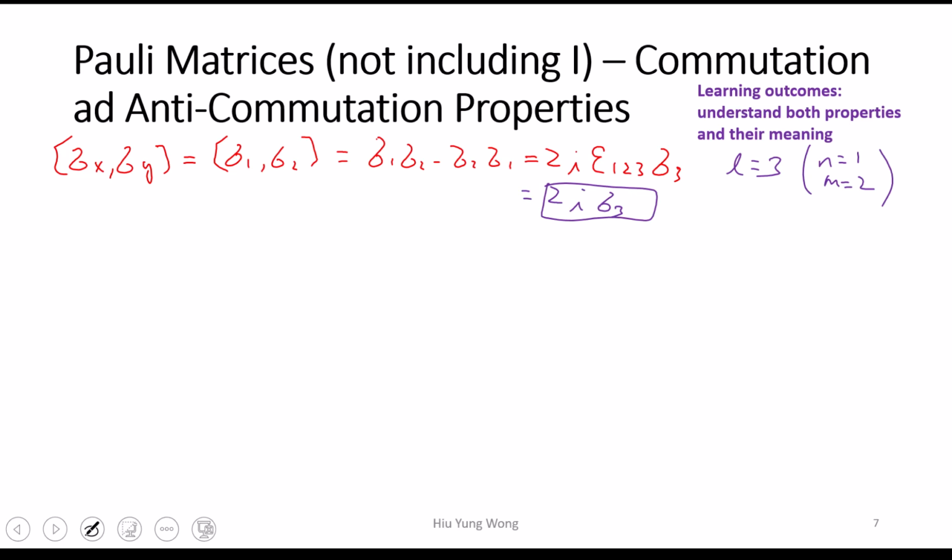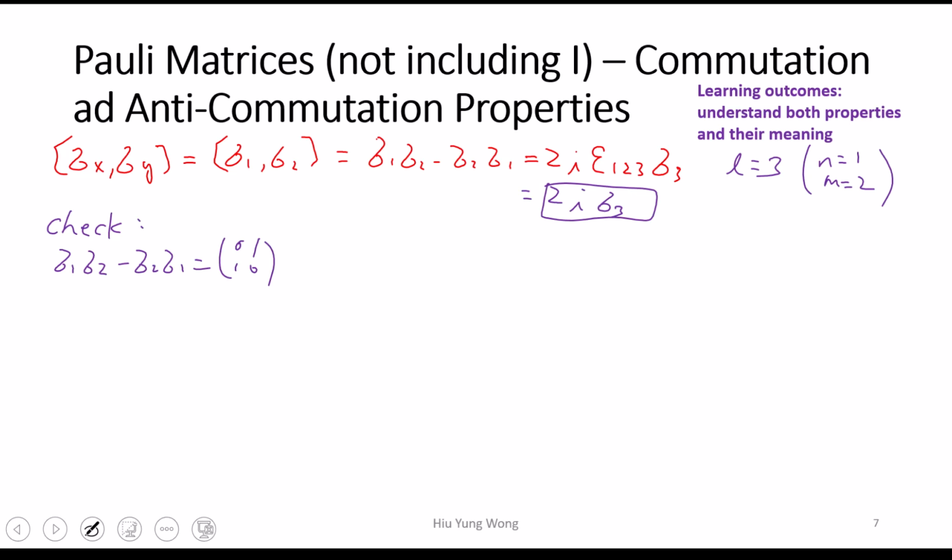This is the answer. Okay? Let's check if that is correct, because we also need to learn the basics. Sigma 1, sigma 2 minus sigma 2, sigma 1. What is sigma 1 again in matrix form? It's sigma x, right? 0, 1, 1, 0.